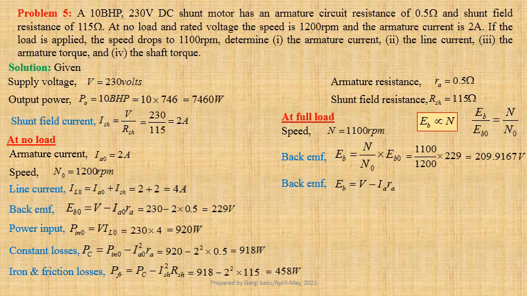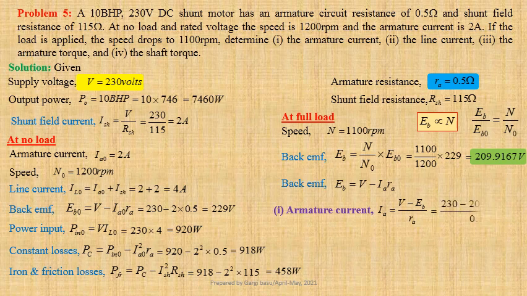From this expression, we get expression for armature current Ia equals V minus EB divided by RA. Using values, we get 230 minus 209.9167 divided by 0.5. That gives us 40.1667 ampere.